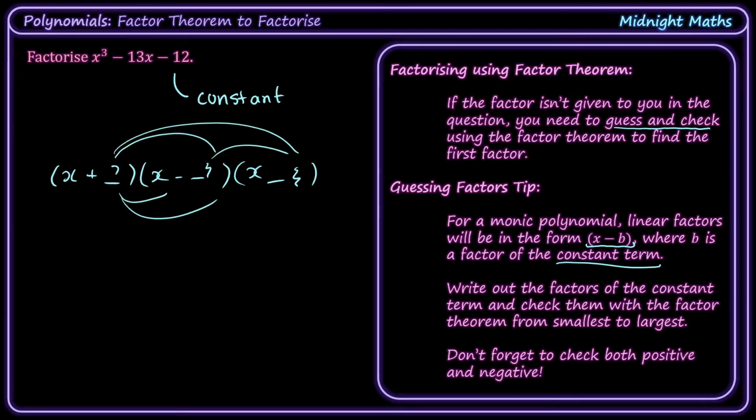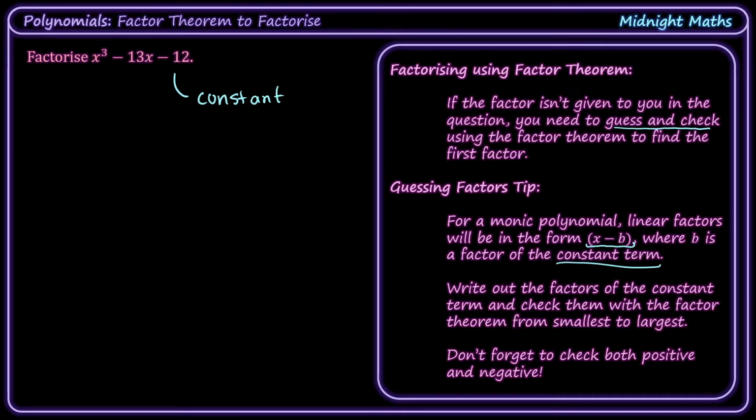That's the only number that doesn't have an x in it, so all the constants from all the brackets get multiplied together. So if you're trying to find a bracket, it makes sense that the number at the end of the bracket has to be a factor of the constant, because in the end when you expand it, it makes out to be the constant. It's part of the constant that you can create.